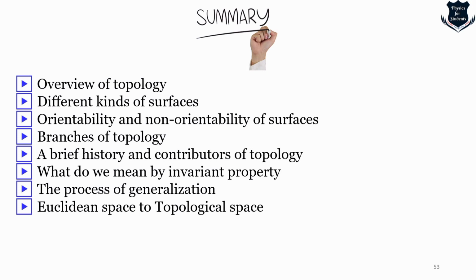We saw how the angles, in spite of being rotated, are preserved, and that is how it happens. And we also learned the process of generalization, and we are going to learn more about that. We just touched on the Euclidean space and topological space. That's all for this video. I hope you like it. This is just an introductory idea of topology. More are about to come, more complex, more advanced, and most importantly, very interesting subjects and factors of topology.